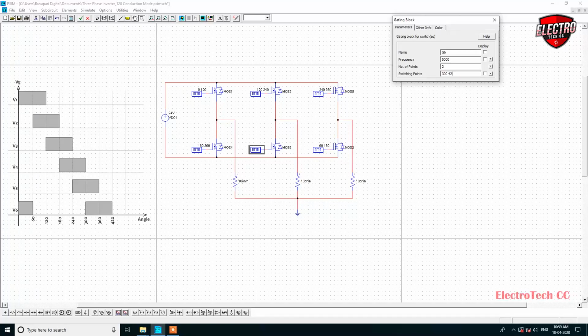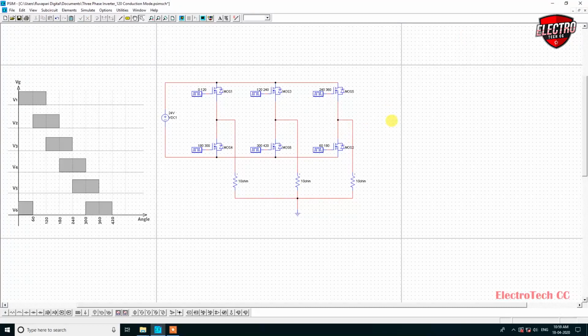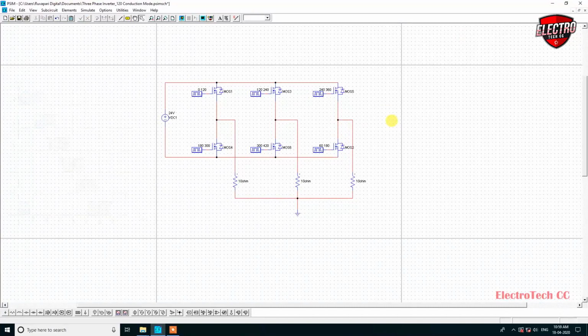Okay, now let us connect voltage probes. First we will check line voltage.